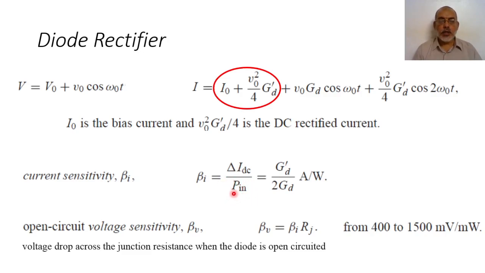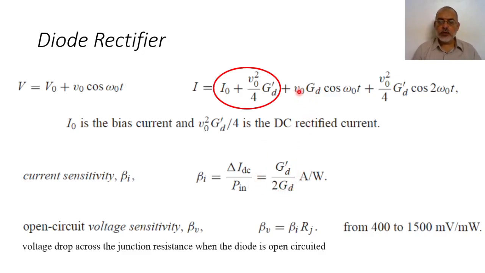So the input power here is effectively proportional to V naught squared multiplied by GD over 2.